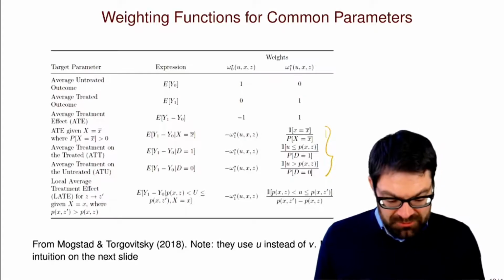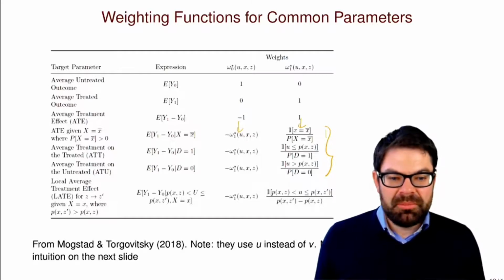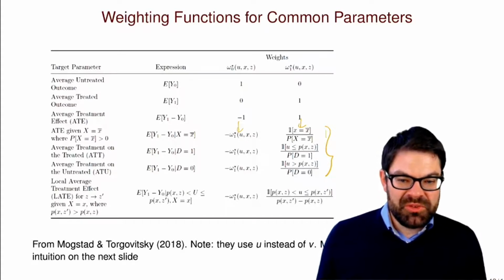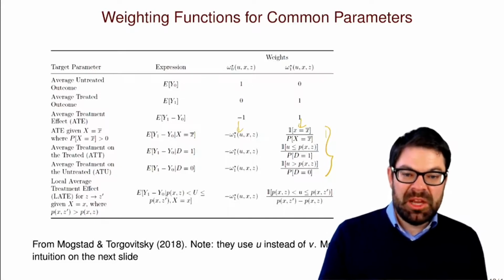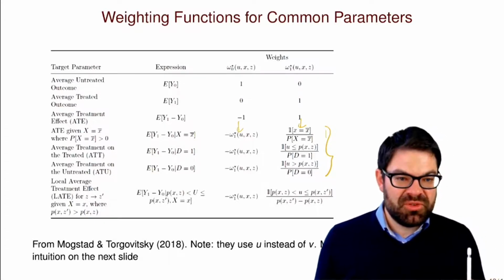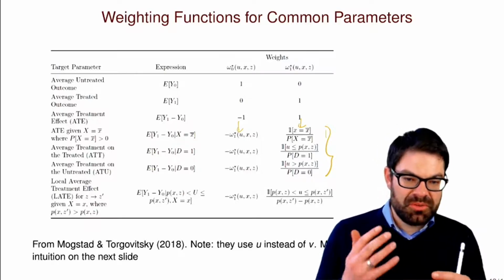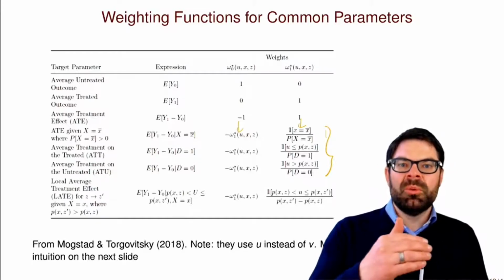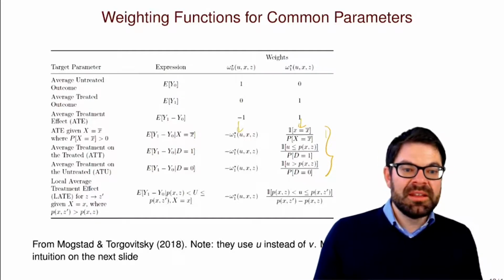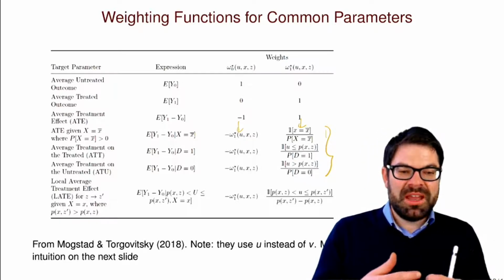So the weight for the untreated here would be just minus the weight for the treated. But they also show examples in the paper where they are actually asymmetric. Right, and so that is obviously something that, depending on what policy you want to evaluate, you want to know, or at least you want to have in your head.